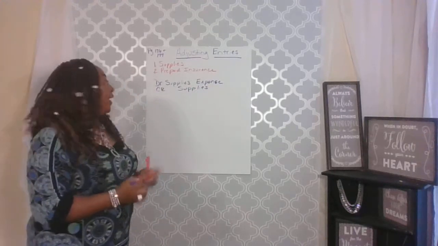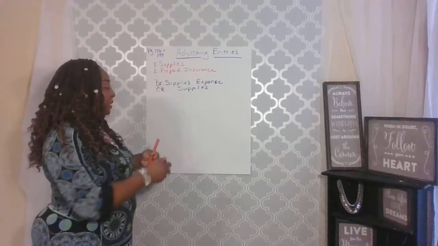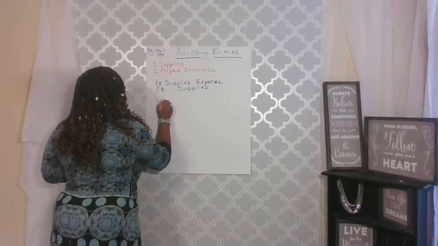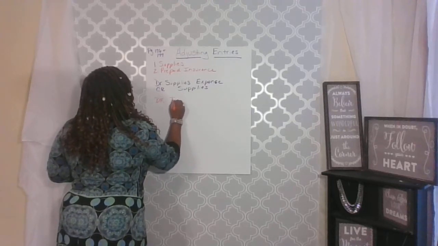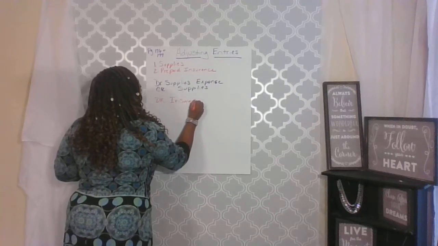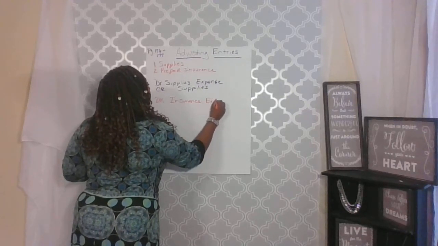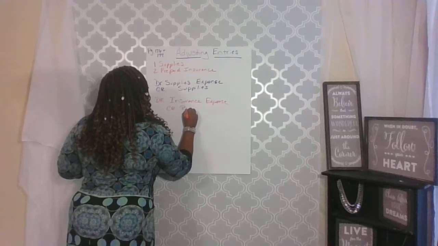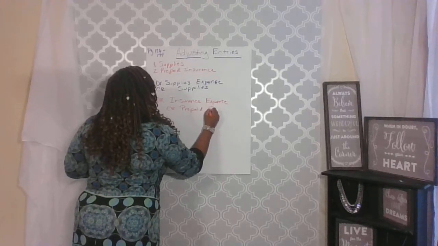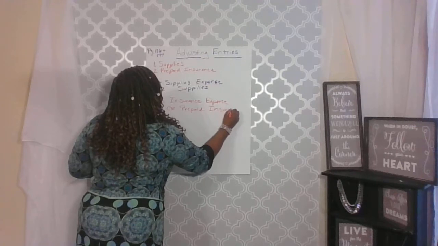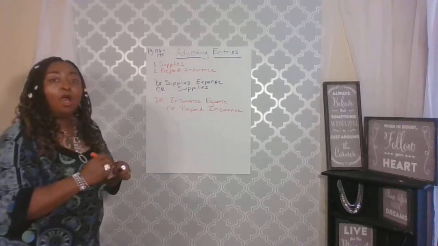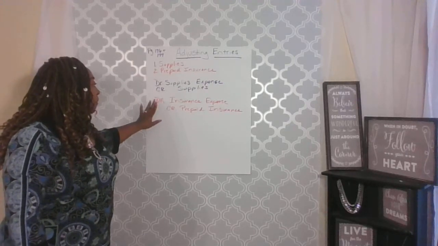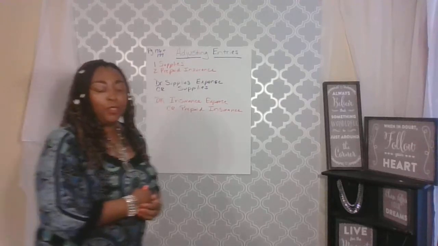The journal entry for prepaid insurance is debit insurance expense, credit prepaid insurance. This is always the journal entry. We always debit supplies expense, credit supplies, debit insurance expense, credit prepaid insurance.